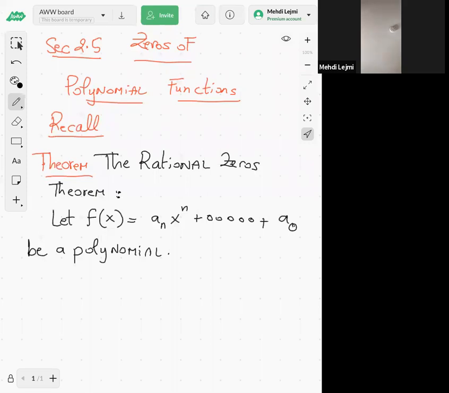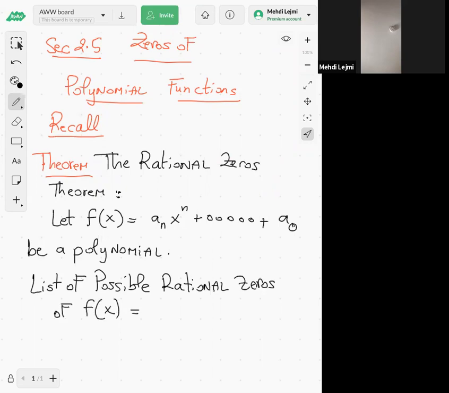And so the theorem says that actually the list of possible rational zeros of f of x, this list is given by the factors of the constant.